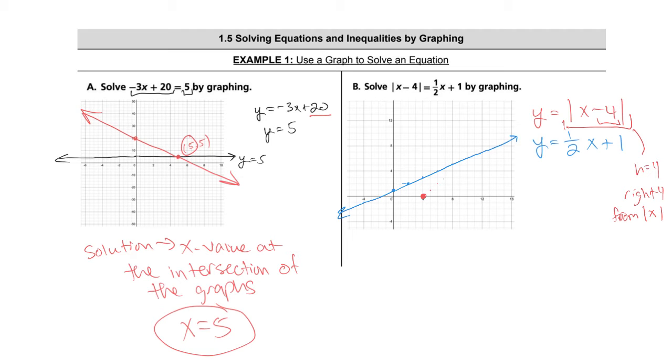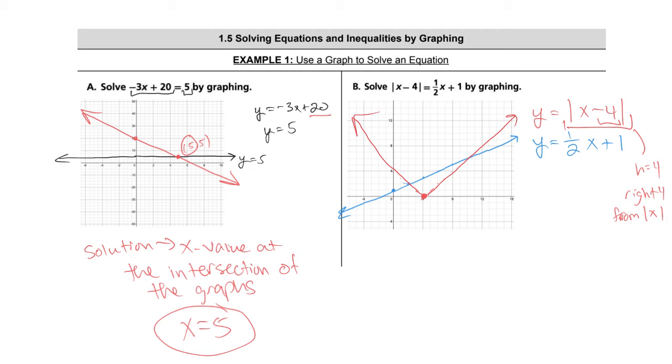And our slope, everything stays the same. We're going up one to the right one, up one to the right one, so on and so forth. So we're just going to continue this graph. All right, and then we go up one to the left one, and we go through there.